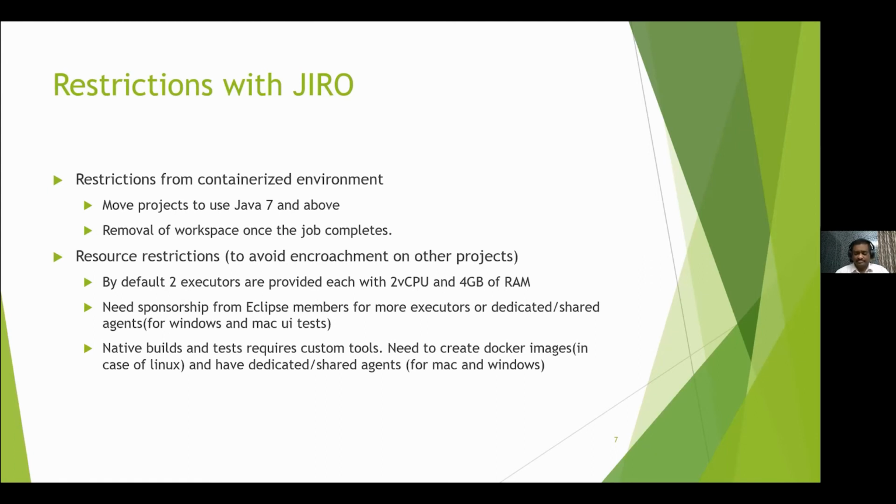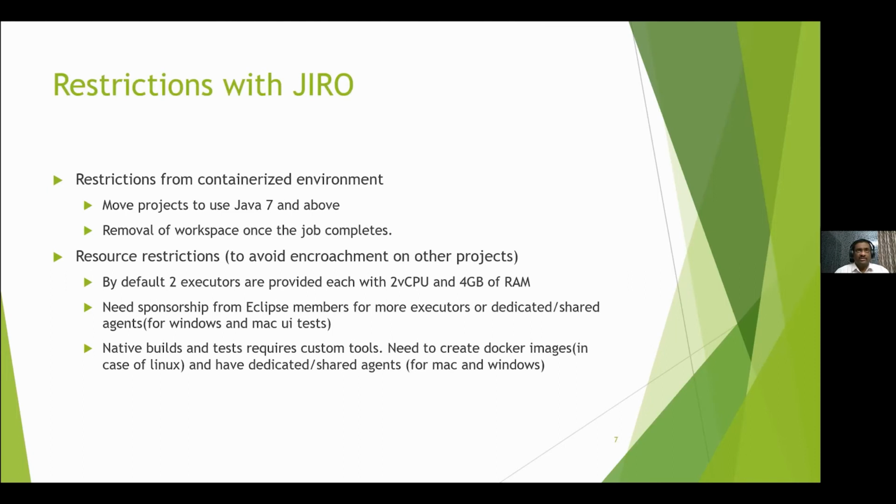Then with JIRO, we are not completely going away from the dedicated machines. Windows and Mac are not yet on clusters, so we need to have dedicated connectivity to those. By default, these are not provided by the Foundation.